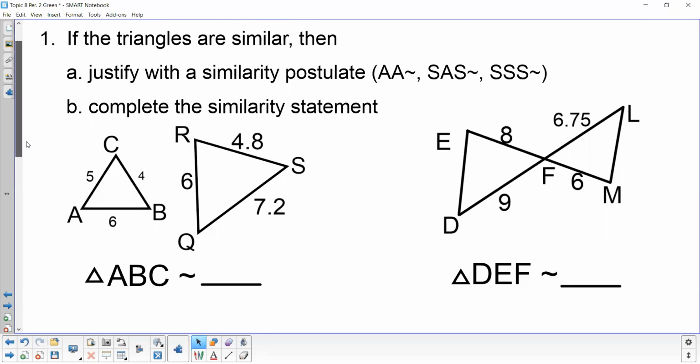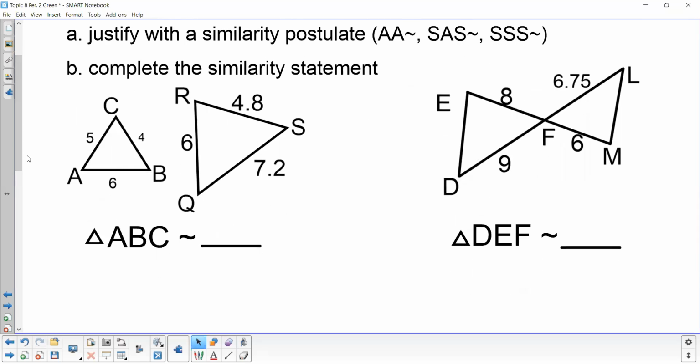Okay, so what we're trying to establish is, using either AA, SAS, or SSS, are the triangles similar? Well, clearly in this first one, the only thing I can test is SSS because all we know are the sides, right?